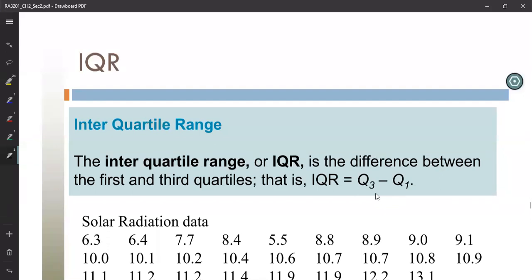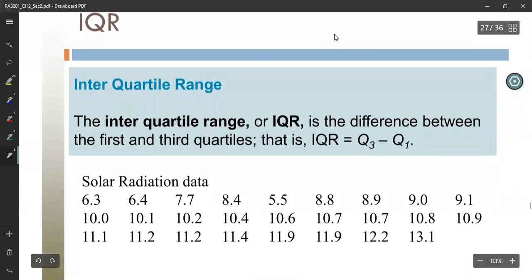If the min and max are outliers, your range is going to be a huge value and it is misleading. But the IQR, Q3 and Q1 will remain the same. So the interquartile range is a better measurement of variability than the range if you have outliers. Is that understandable to all of you? I hope so.